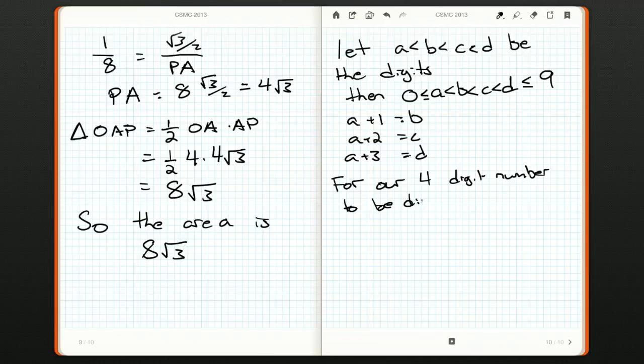So for a 4-digit number to be divisible by 3, A plus B plus C plus D must be divisible by 3.